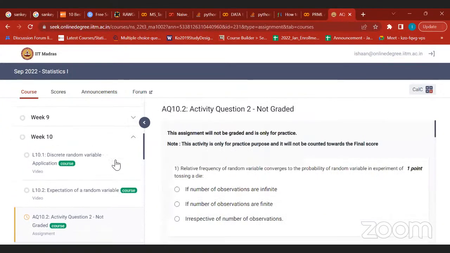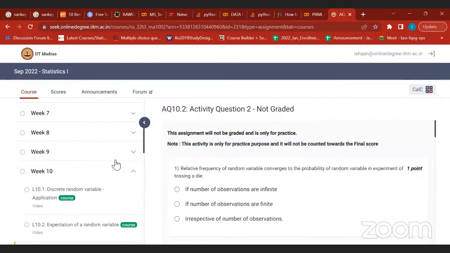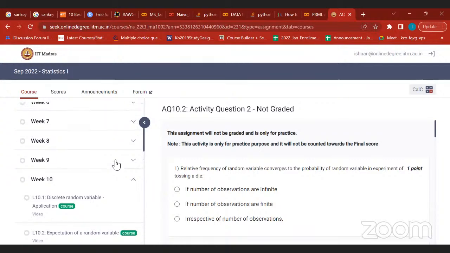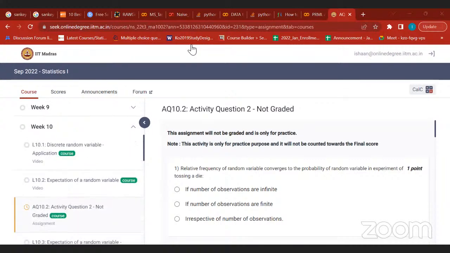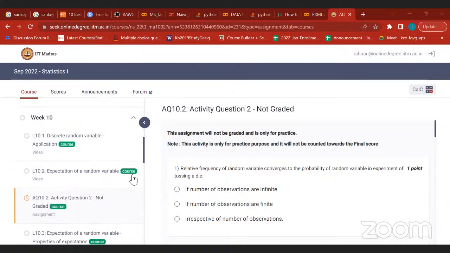In week 9, I hope you all got the idea of what random variables are, right? In weeks 7 and 8, we computed probability of some events. In week 9 we are doing the same thing, but now we are defining those events in terms of some random variable. Starting with that, expectation of a random variable. Any confusion in that part, or is it clear?